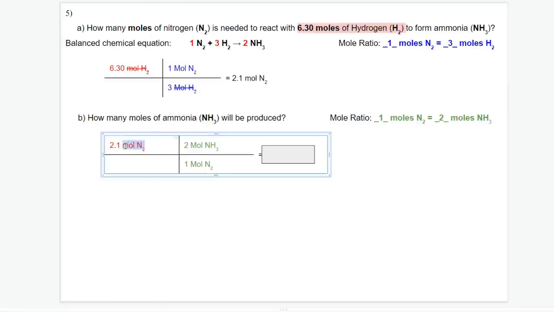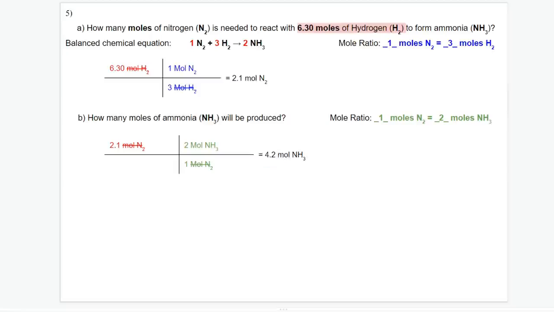My moles of N2 cancel. And then I have 2.1 times 2 moles of NH3 divided by 1. My final answer is 4.2 moles of ammonia.